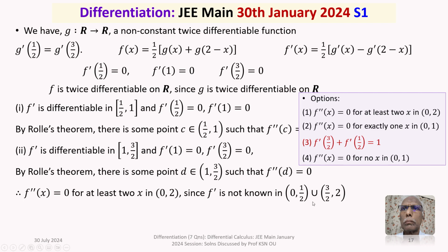In that interval, what happens to f double prime? We do not know. Therefore, we will say that for at least 2 values of x in 0 to 2. Thus, our answer to this question is option 1.